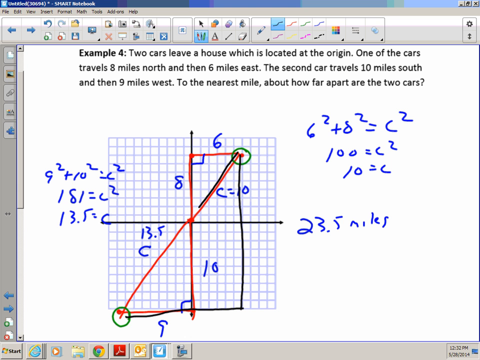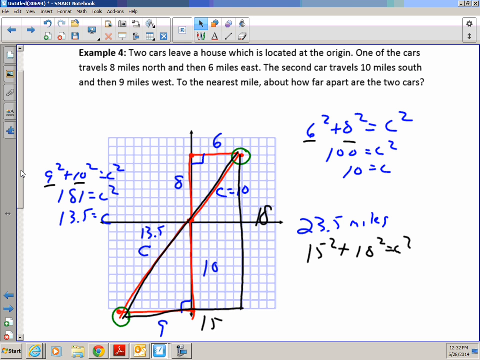Find the length of that hypotenuse, and you would see that that's 18, which is this 10 and that 8, and this is 15, which is this 9 and this 6. So you could have just done 15 squared plus 18 squared equals c squared and figured it out that way. Okay?